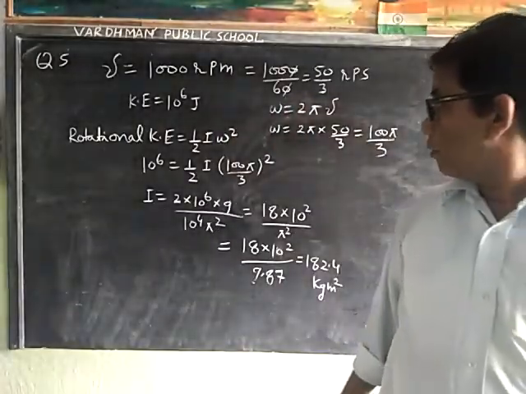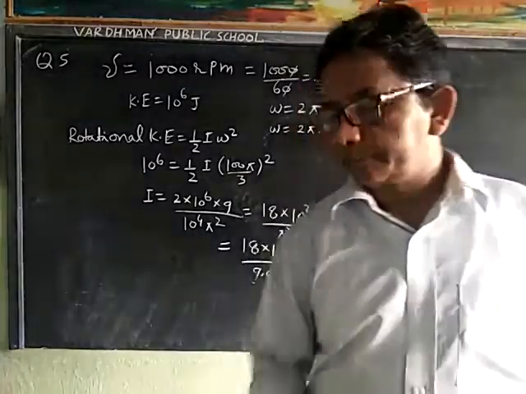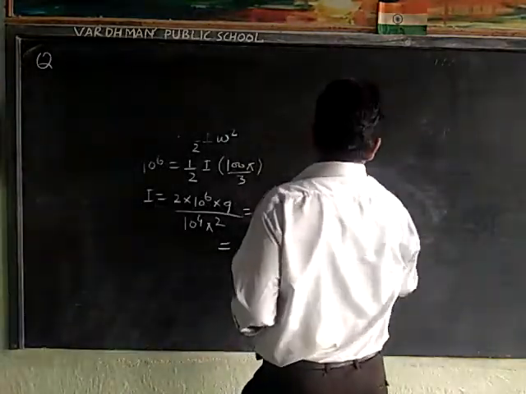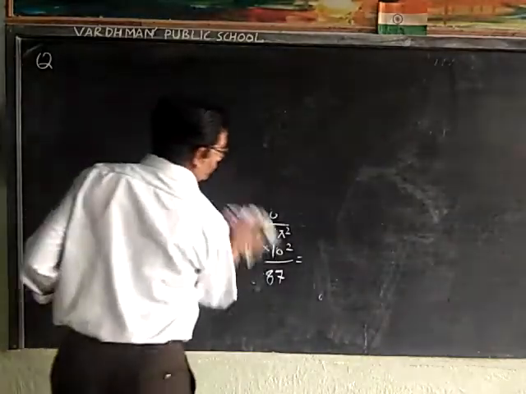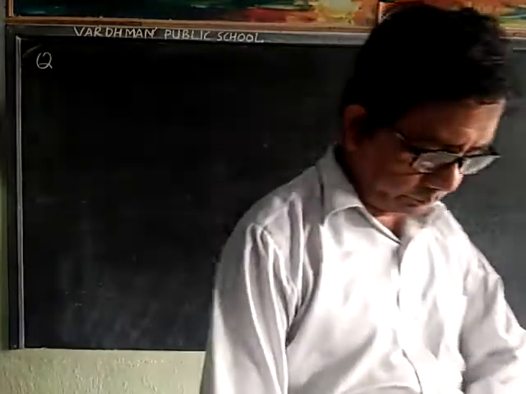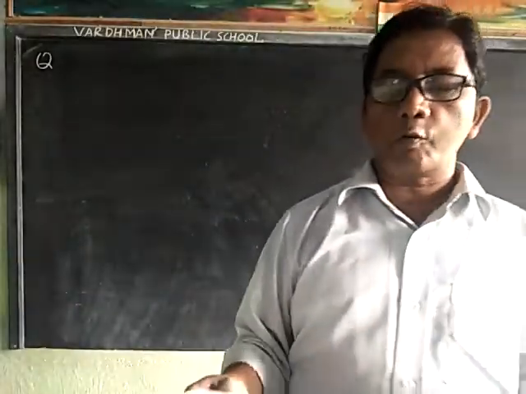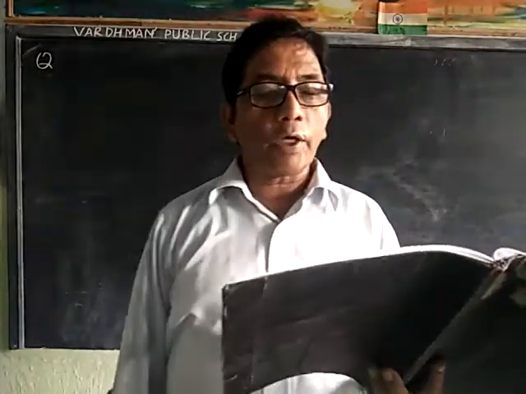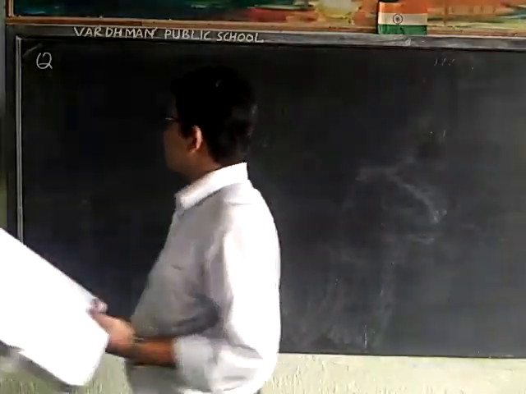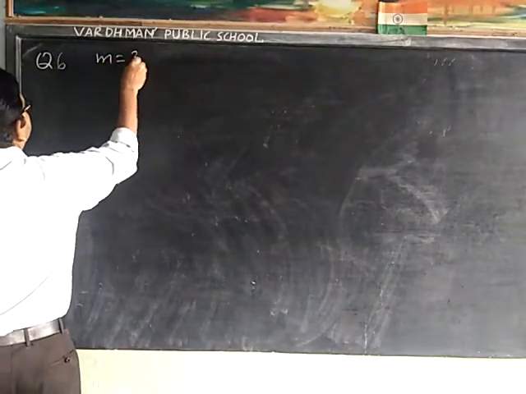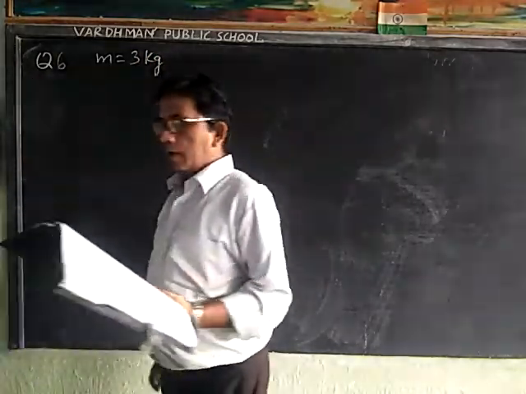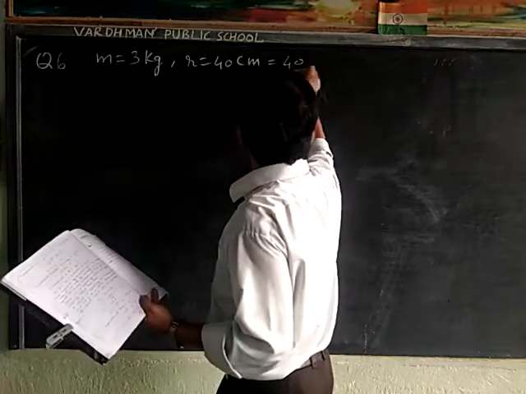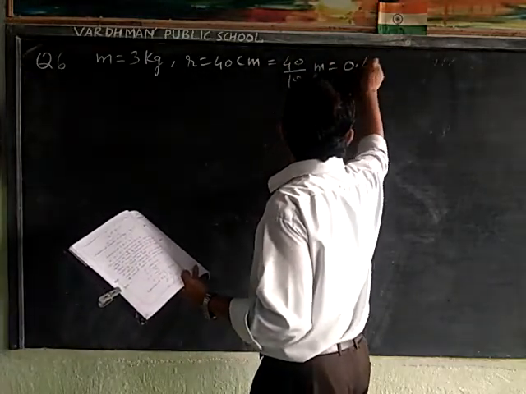Now we will discuss the next question. A rope of negligible mass is wound around a hollow cylinder of mass 3 kilogram and radius 40 centimeter, that is 40 upon 100 meter, 0.4 meter.